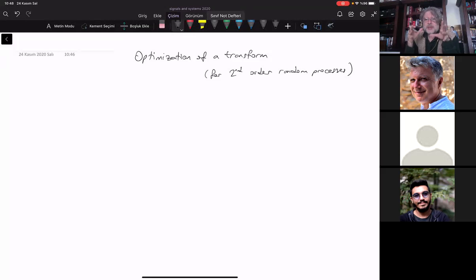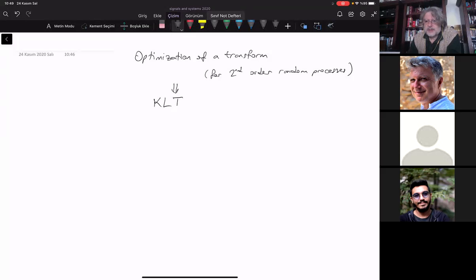We cropped the image into 8x8 blocks and then took the DCT, because inside the 8x8 block, we know that the structure is more or less stationary, and an assumption of an autoregressive one model will mostly hold. And when you do this kind of an optimization, what you come up with is also known as the Karhunen-Loève transform, which is abbreviated as KLT.